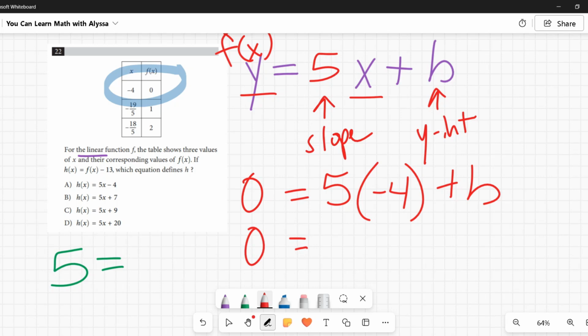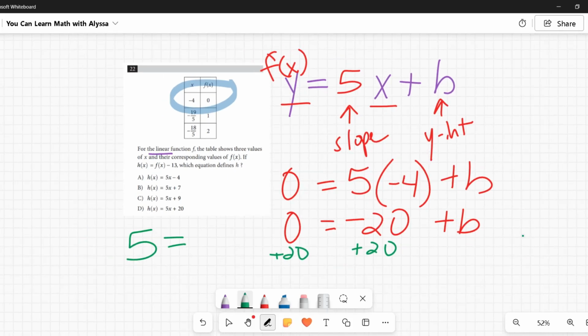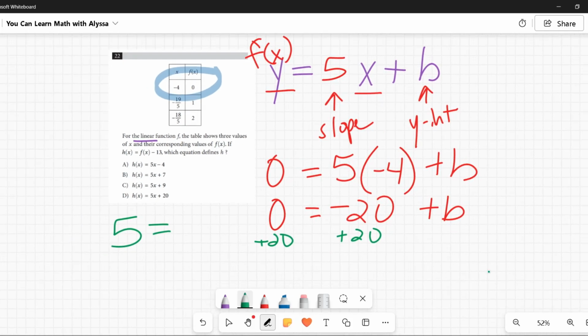So 0 equals 5 times -4, -20, plus b. Then to solve for b, I add 20 to both sides. And we get that b is equal to 20.